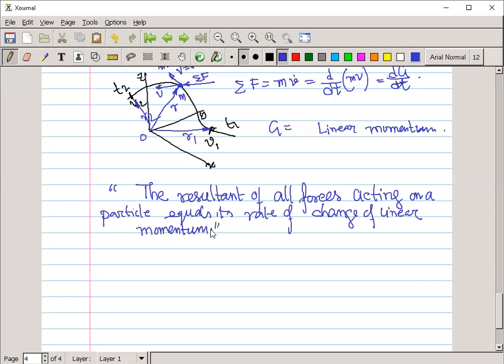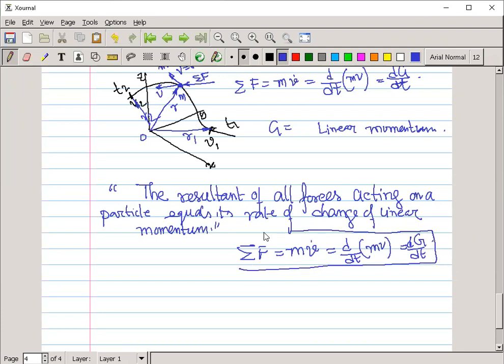This statement shows the formula that the summation of all forces acting on a particle is equal to the rate of change of linear momentum. Linear momentum is mv, so the rate of change of mv is nothing but d/dt of G. So this equation comes from this statement.